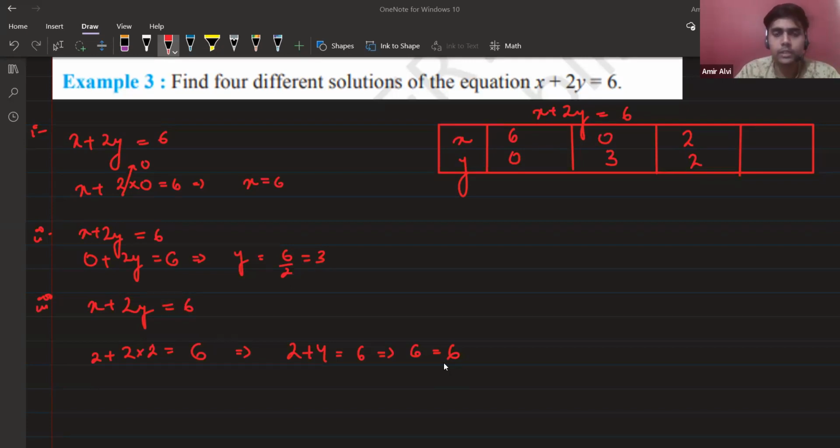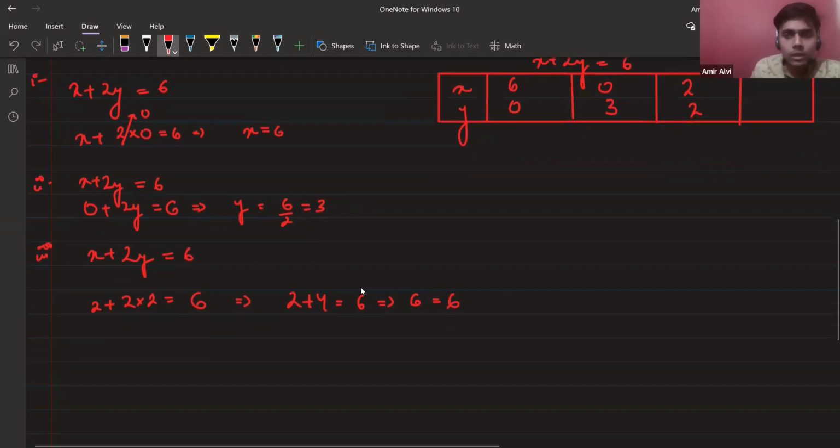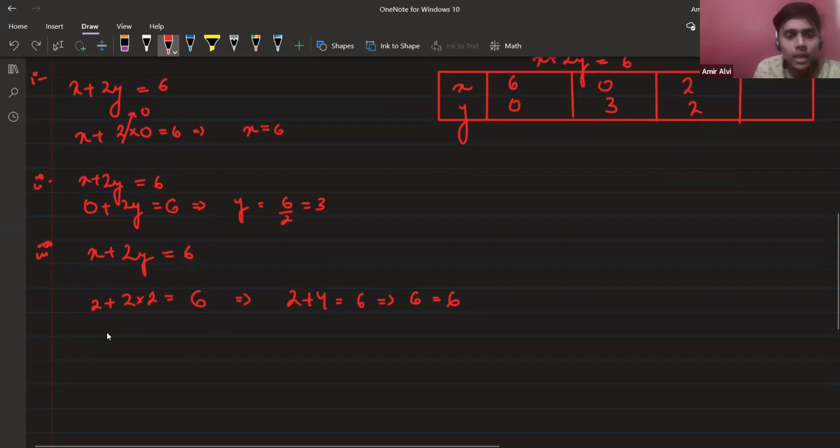Okay, just a second. So now we have to find the last solution. Let's take the fourth solution, x plus 2y equals 6.